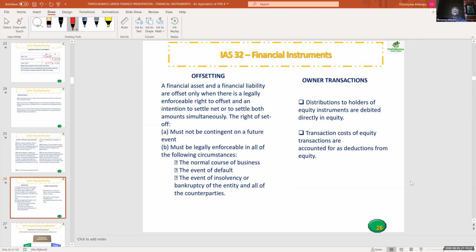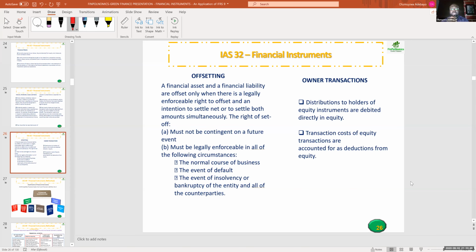Now, IAS 32 gives us more understanding of presentation, but as we move on, I'm going to introduce to you today IFRS 9. IFRS 9 deals with financial instruments, where we discuss recognition and measurement. Okay, any questions so far?